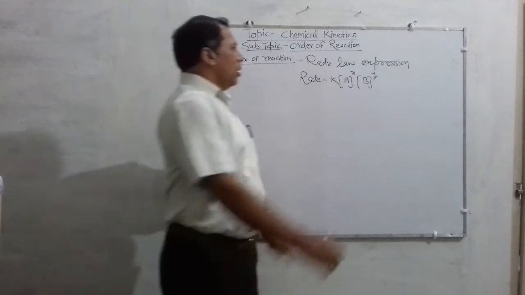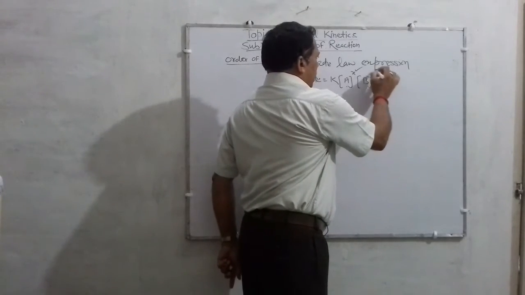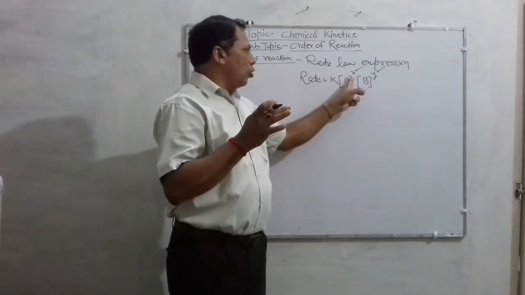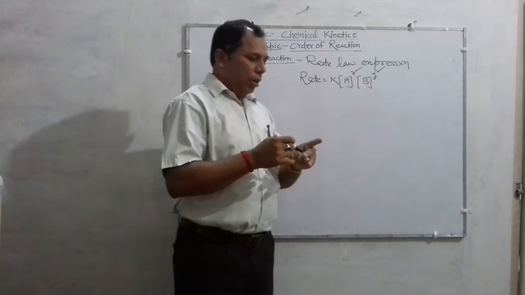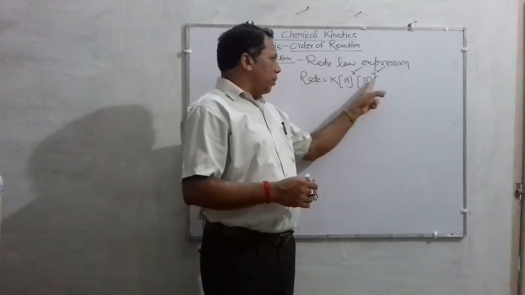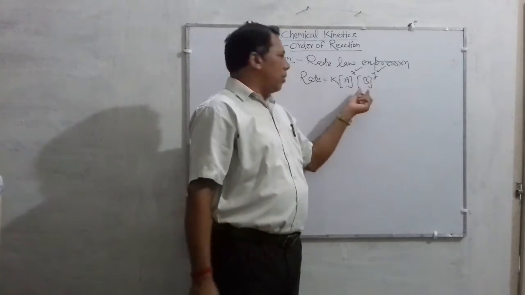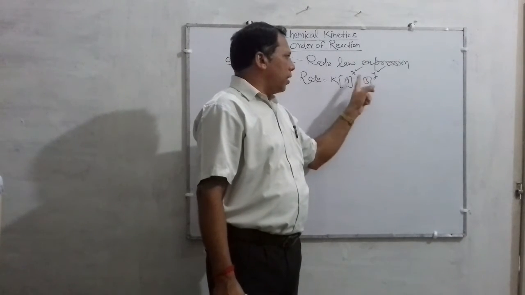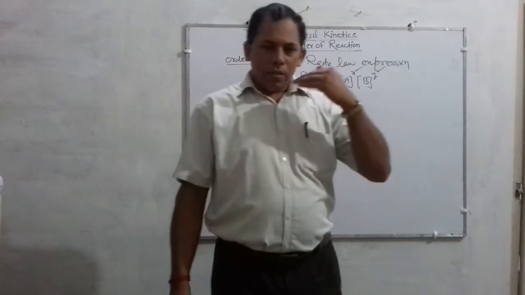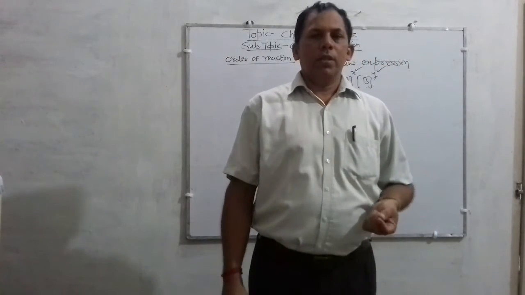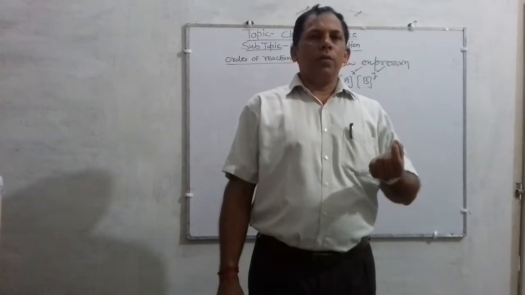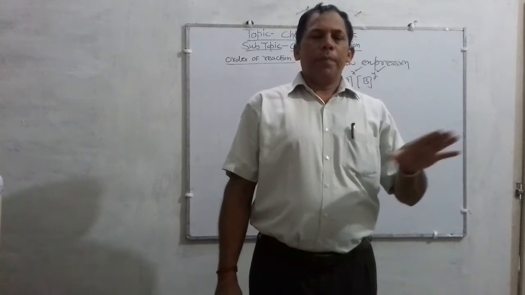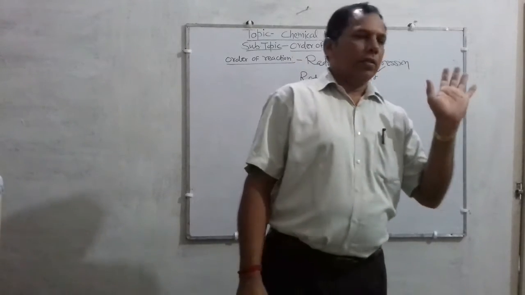So in this, the exponents of A and B, that is x and y, what is the relation of these coefficients with order of reaction? The sum of the exponents of concentration terms A and B, that is x and y, the value which comes, that may come 0, 1, 2 or 3, represents the order of reaction.